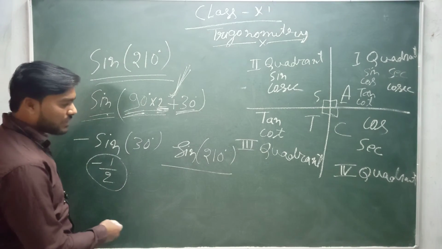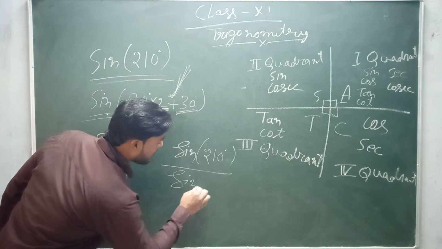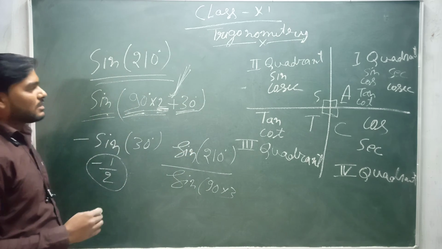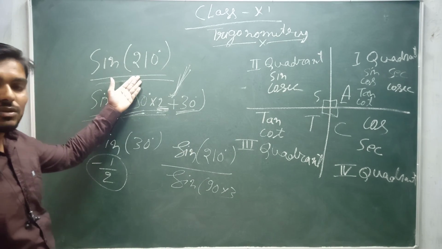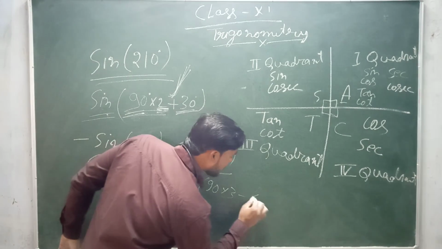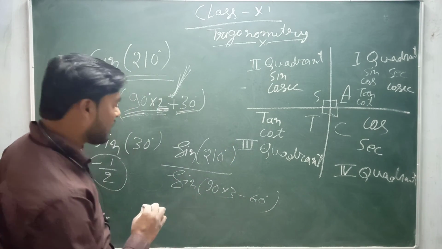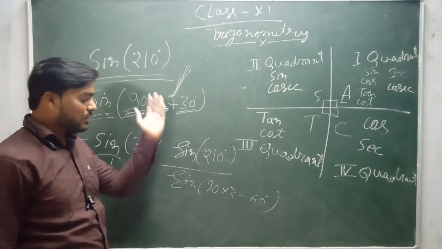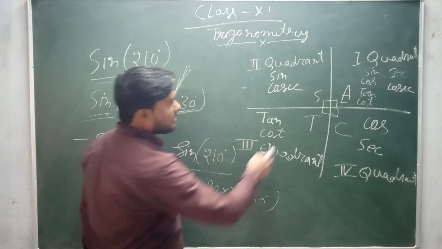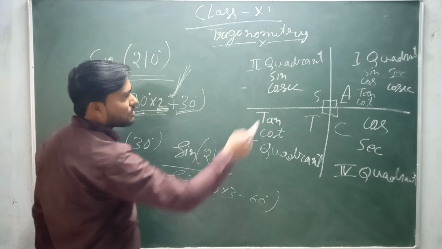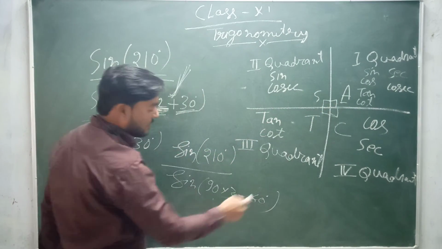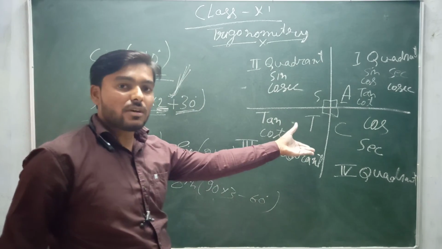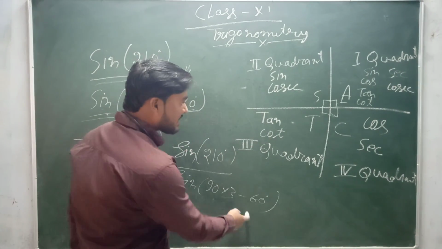Now for sin 210, sin of 90 into 3, that is 270. 270 is greater than 210, by 60. Okay? 90 into 3 minus 60 equals 210. It will be 1, 2, 3, third quadrant, 1, 2, 3 minus 60. It will be the third quadrant's total 90 degree minus 60.